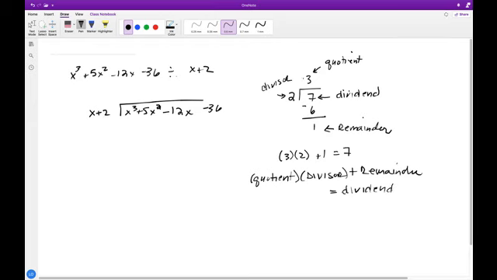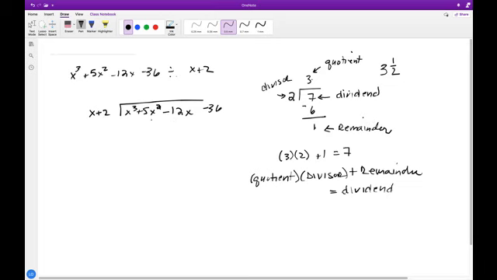Right? So quotient times divisor plus remainder equals the dividend. Another way to write the remainder would be to say that my quotient is 3, and then we write the remainder over the divisor, 1/2. Okay? So a couple different ways to write that.